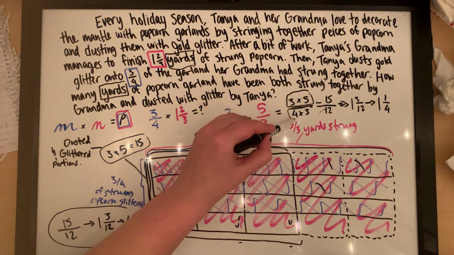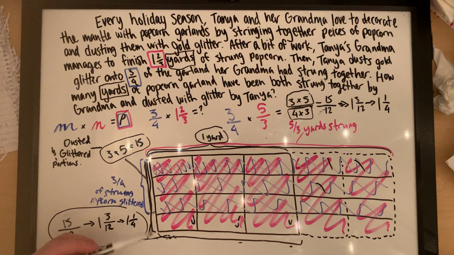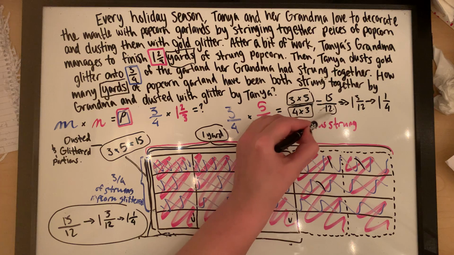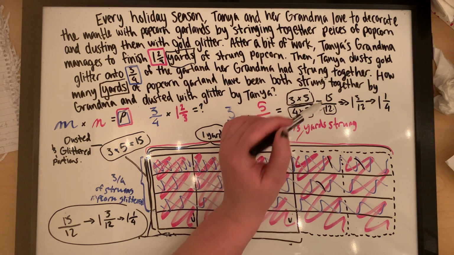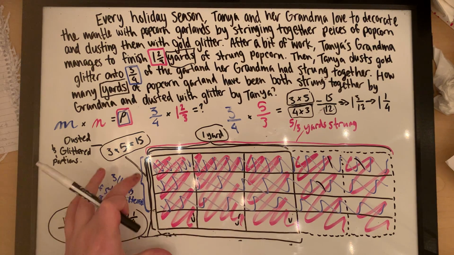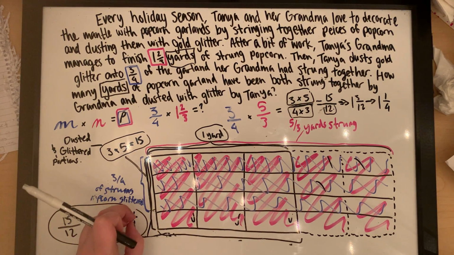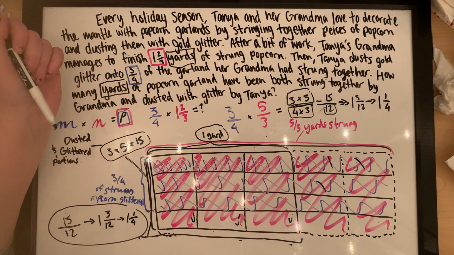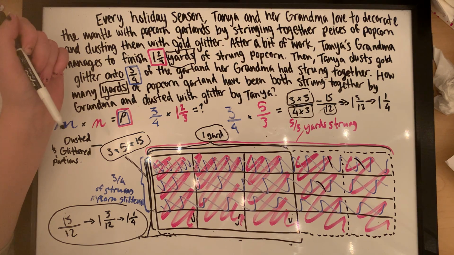And our 4 times 3 describes our whole, which I erased, but we did down here. Oh no, it doesn't describe our whole, I'm sorry. Our whole is 1 yard. It describes the number of divisions that our whole is divided into. And the number of divisions being 12. So that's how our strip diagram can visualize why it is that we're able to multiply straight across when multiplying fractions.